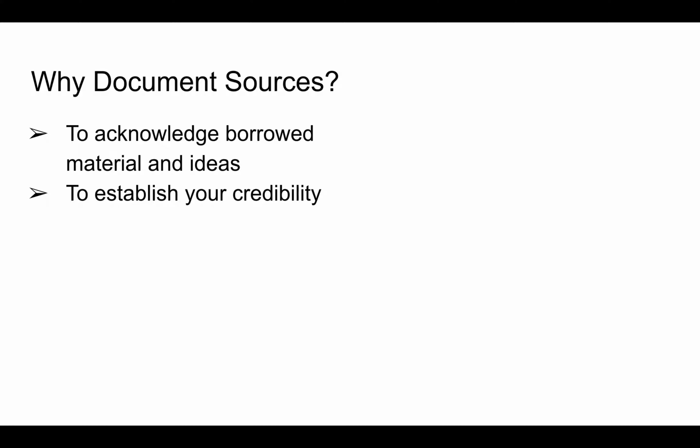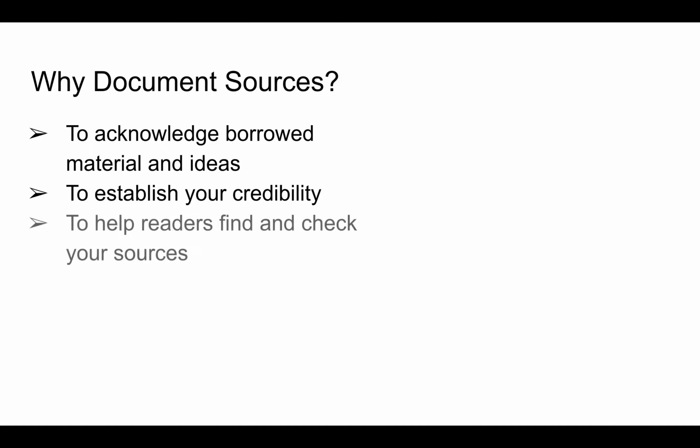It can also really help you with ethos, establishing your own credibility as a writer. If you have documented your sources well, you seem more professional, you seem more aware, you seem more like you know what you're talking about, and therefore your readers are more likely to trust you, to find you credible, and to believe you, and therefore you're more likely to be influential.